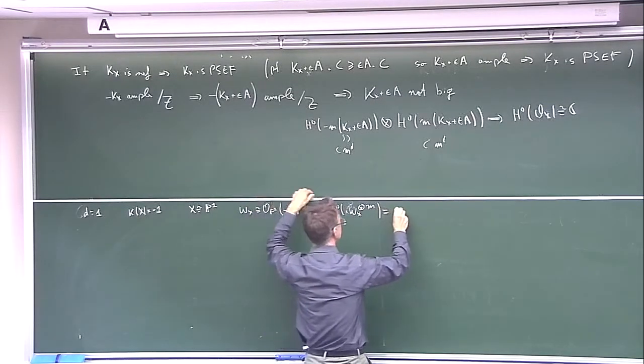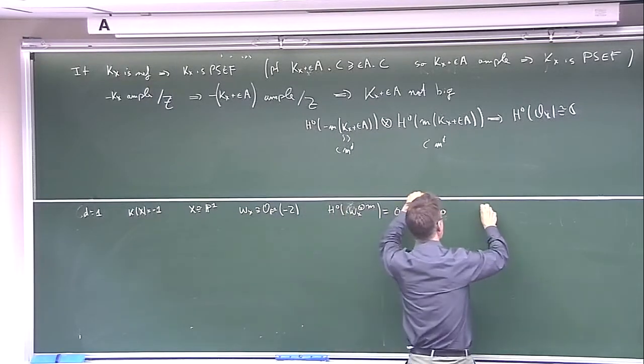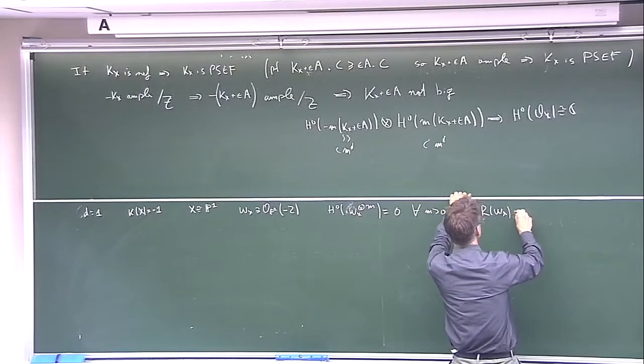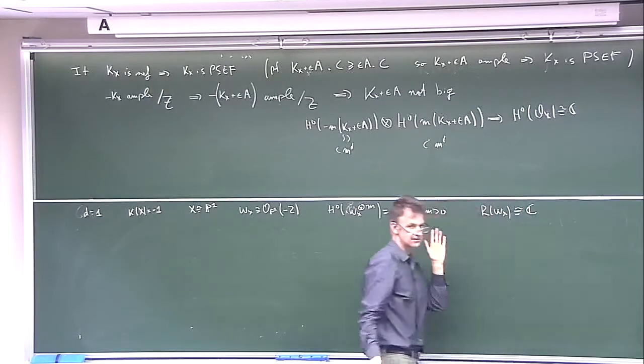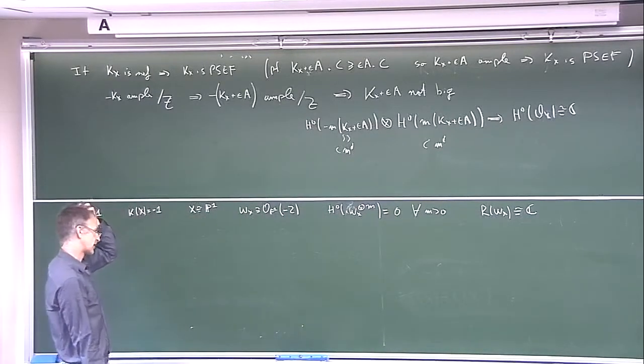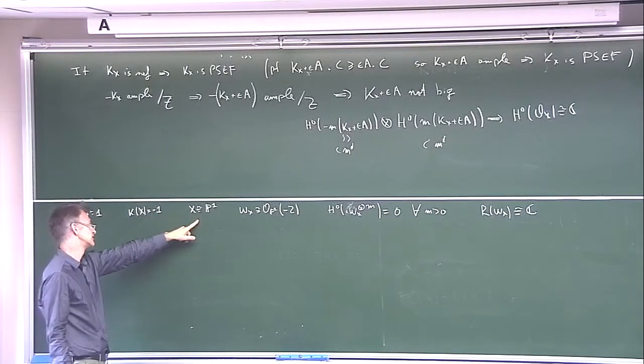So this will be 0 for every m greater than 0. And hence, the canonical ring of omega x is very non-interesting. It's a copy of the constants in degree 0. Okay, so the canonical ring is completely useless when studying curves of genus 0.